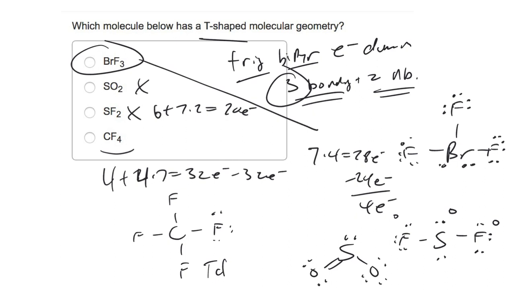SO2 minus has that weird case where maybe we can consider making a second double bond to reduce the formal charge down to 0, whereas if I left it here, this formal charge is positive, minus 0 over here. We have resonance as well in SO2 minus. So all the bonds are the same length in SO2 minus.